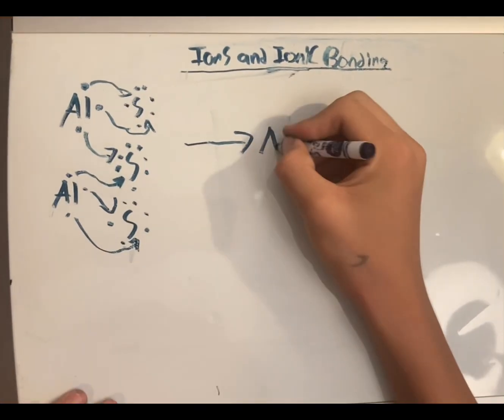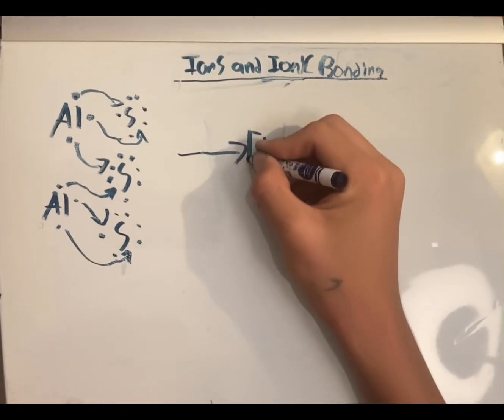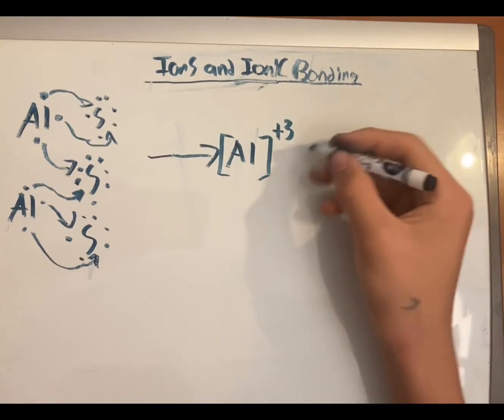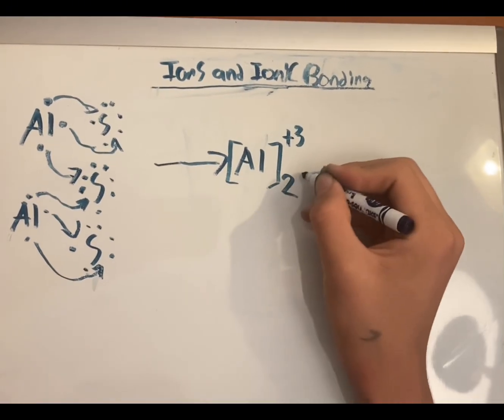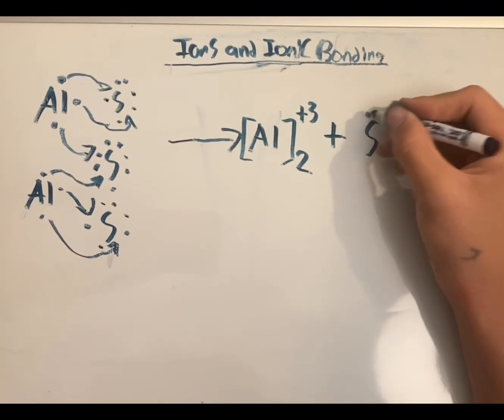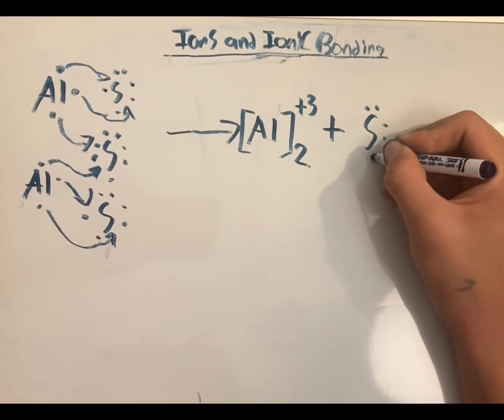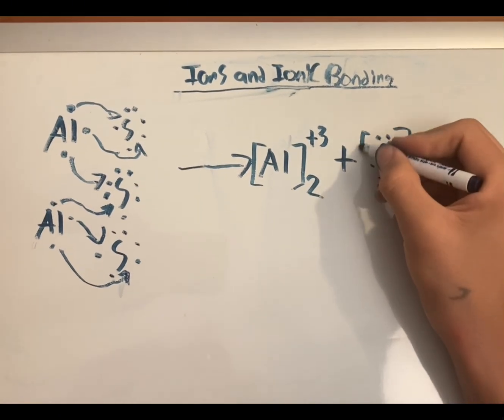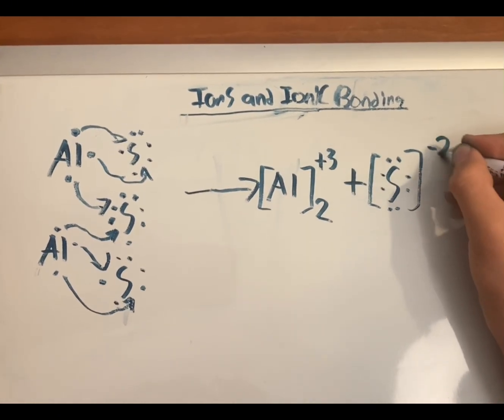This creates aluminum sulfide. The aluminum loses 3 electrons, so it has +3 charge. And there's 2 of them, so we write a subscript of 2 at the bottom. And then for our sulfur, since it's the anion, we have to write the 8 electrons. And then since it gains 2, we have a -2 charge.